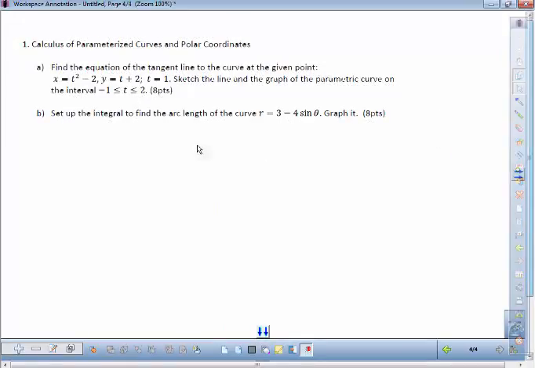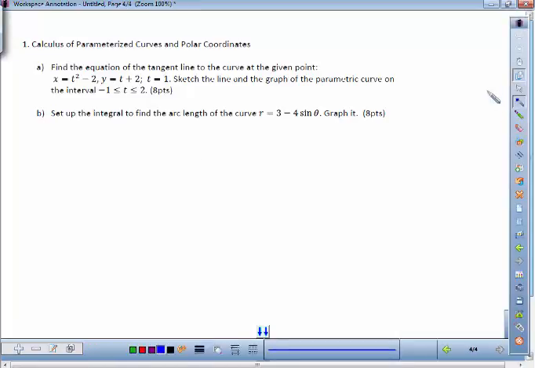Equation of the tangent line to the curve at a given point. So we need a tangent line. This is x, y, and then they give us a t value. So this is going to be some curve with a t value here.